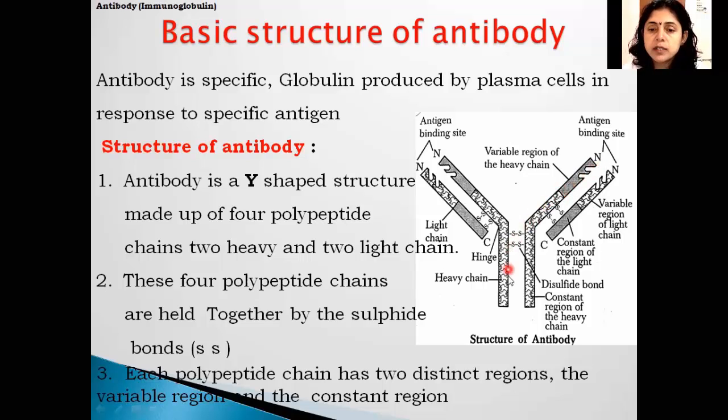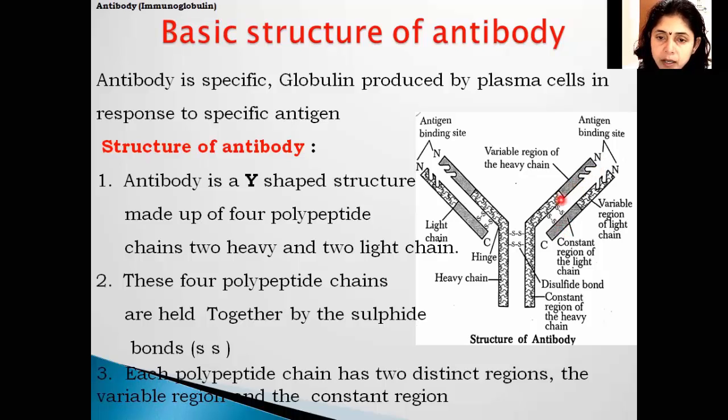In the heavy chain, this dark portion is called the variable region of the heavy chain. Again, in the light chain, the upper portion is the variable region. So the upper region is variable and the lower region is constant. Up to here is the constant region.